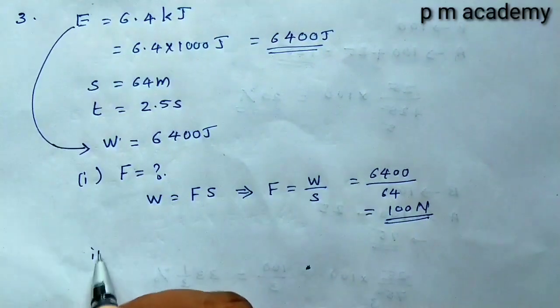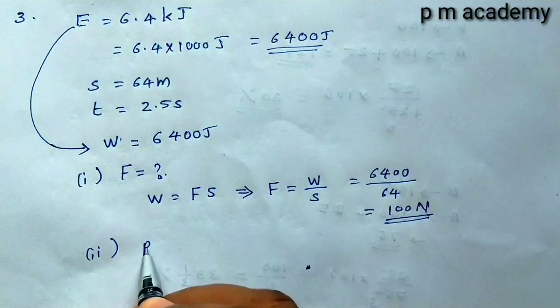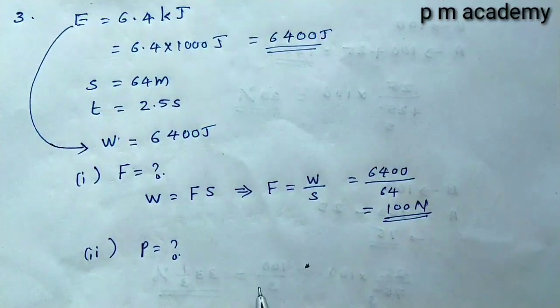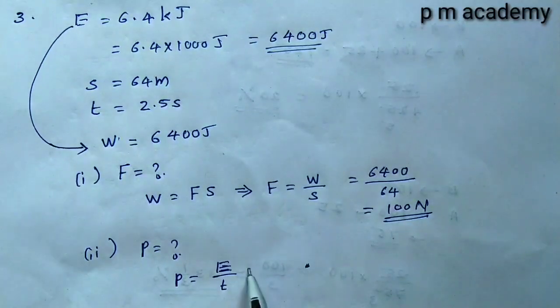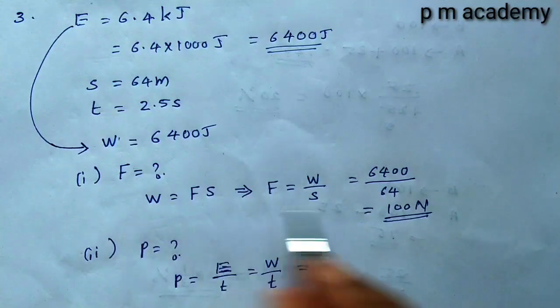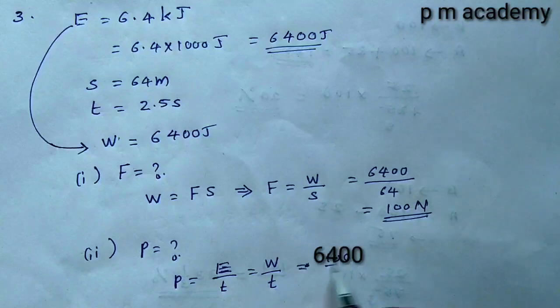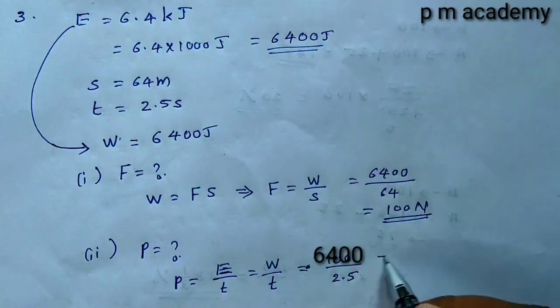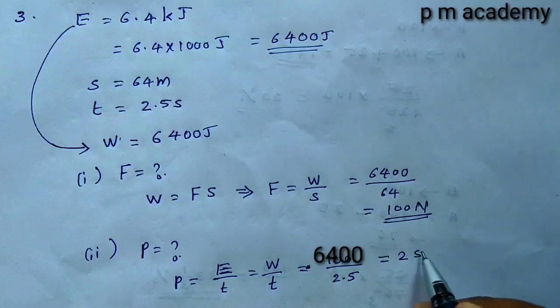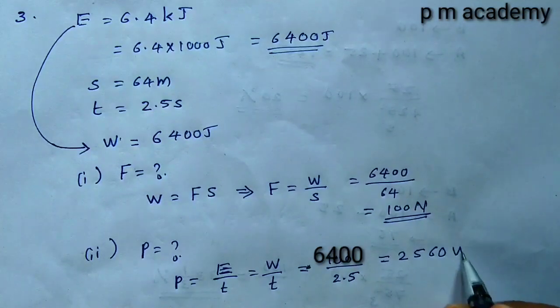Question number 2, you have to find the power. You know that power is equal to energy by time or work by time. Both are same, work by time or energy by time. Work is 6400, time is 2.5 seconds. That is equal to 2560 watt.